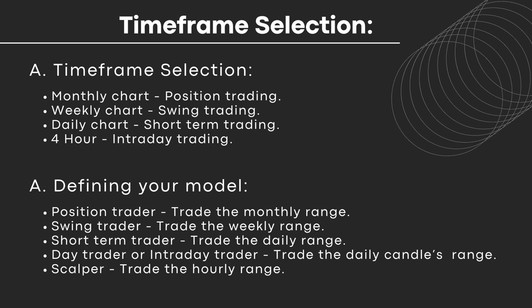Now, another form of trading, which is an aggressive type, is scalping. A scalper trades the hourly range or the 5 minute time frame or the 1 minute time frame, right? Scalping is a really aggressive type of trading, and the margin of profitability for scalping is pretty small compared to the other types. It's an advanced type of trading where you need to be pretty quick with your execution, your thought process and your analysis.